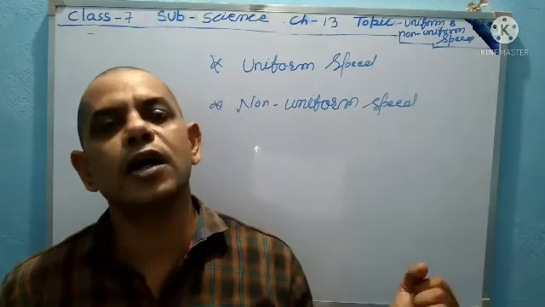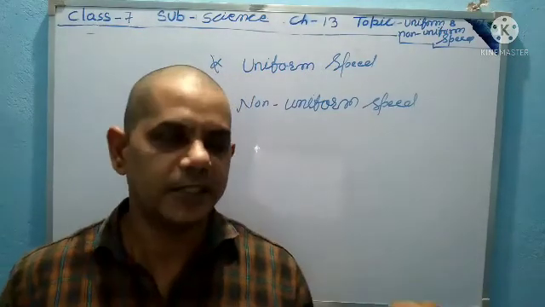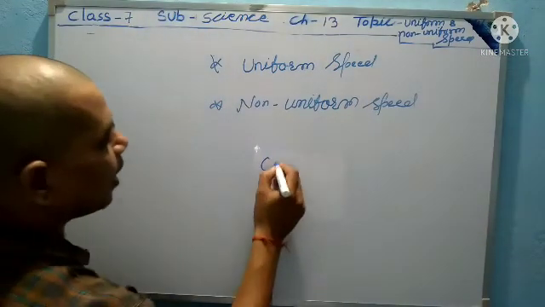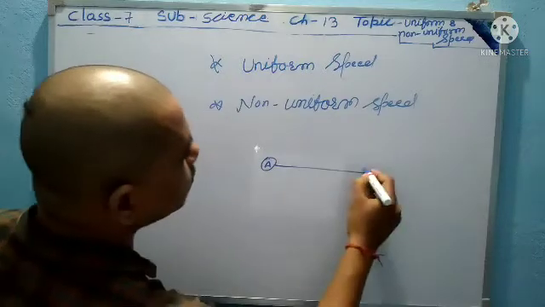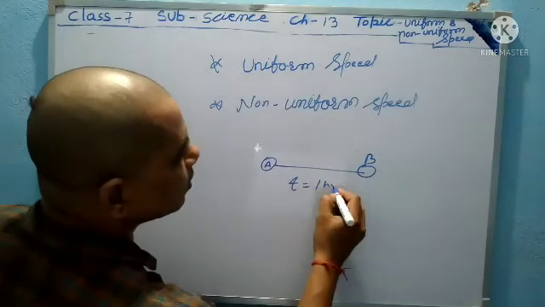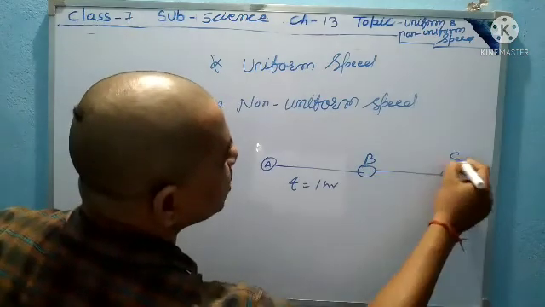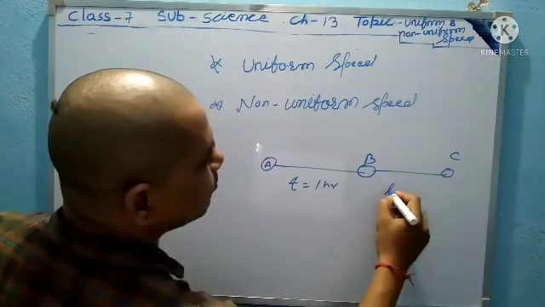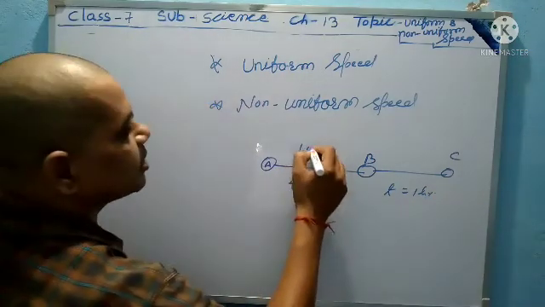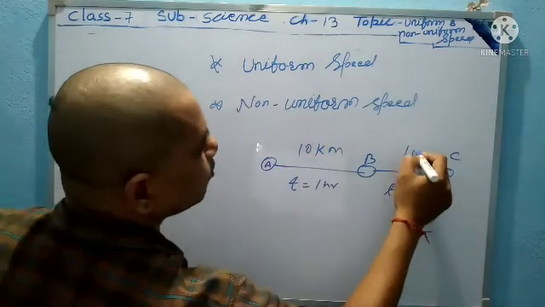For example, an object moves from A to B in 1 hour, and then from B to C in 1 hour, and the distance covered is 10 kilometers and 10 kilometers.